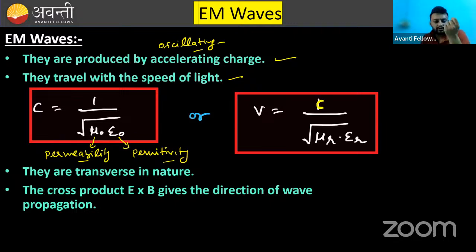The speed of EM waves in any other medium is C over root of mu r epsilon r, where mu r is the relative permeability and epsilon r is the relative permittivity.